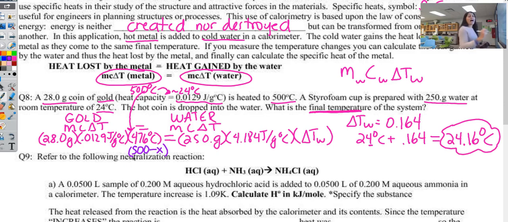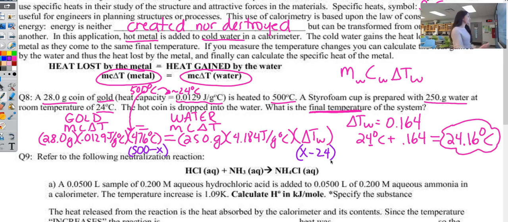This side, I would do as X minus 24 degrees Celsius. Okay, and then what I would do is do all of my algebra out to check to see what X is equal to. It's a lot of algebra.